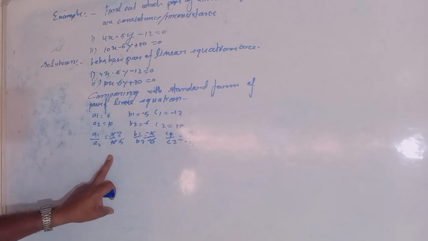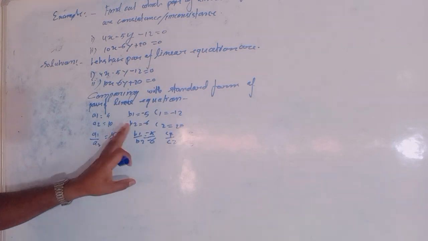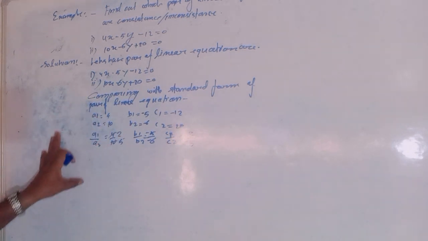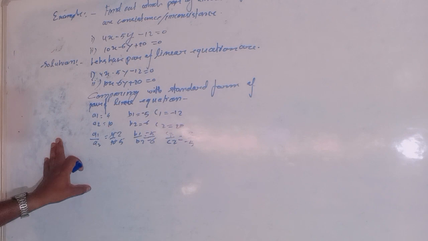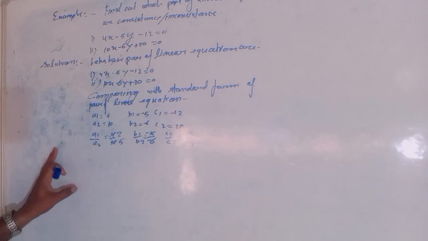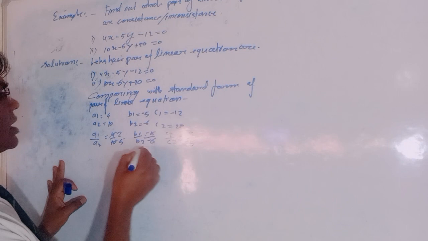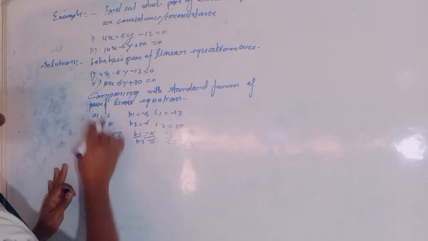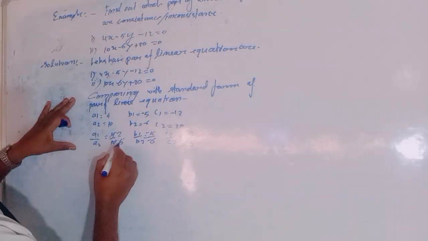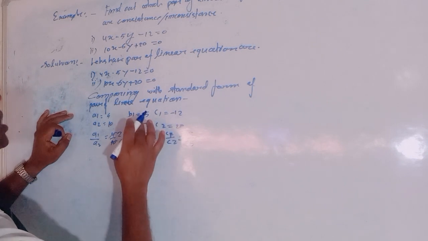So comparing a1 by a2, b1 by b2 and c1 by c2, if we find the ratios for the given pair of linear equations, we do not find a1 by a2 equal to b1 by b2.